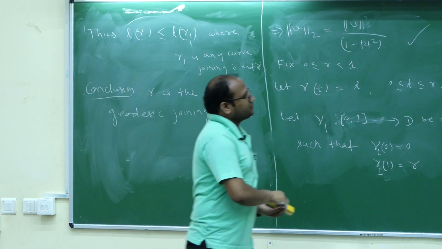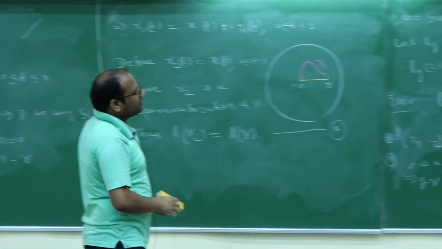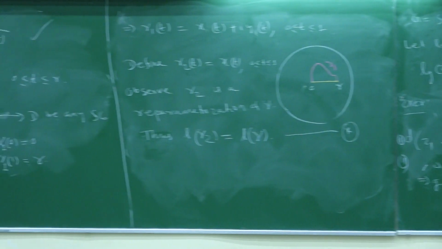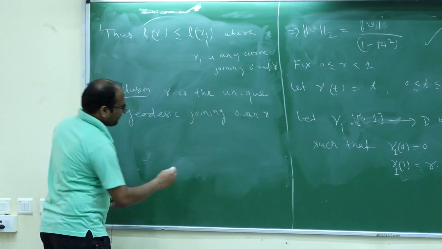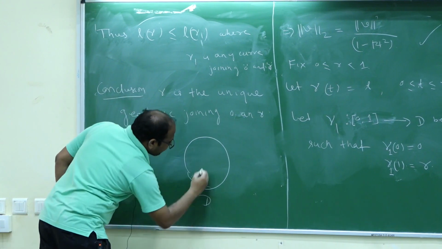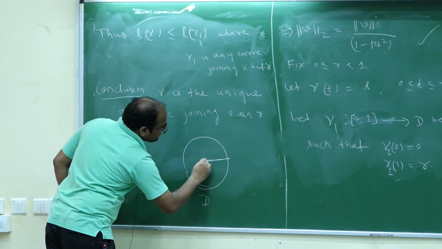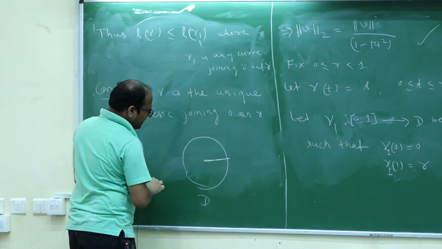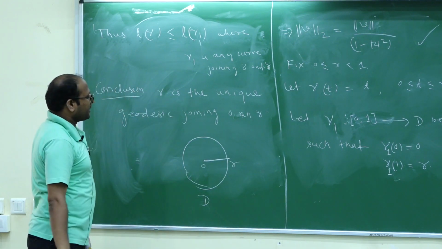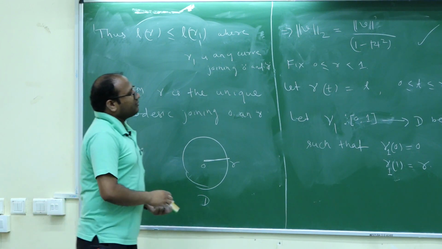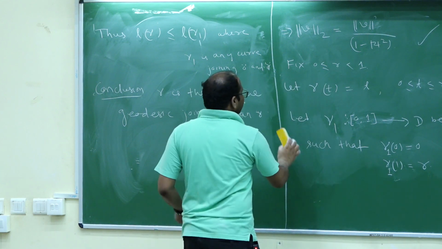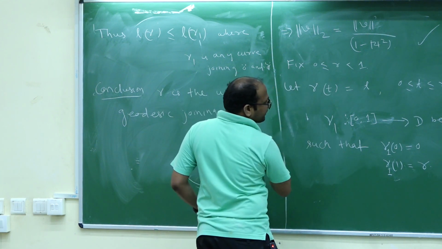So now that means, this is the picture of my disk D. So this line actually is a geodesic. Now let us calculate the distance. So this is the geodesic.